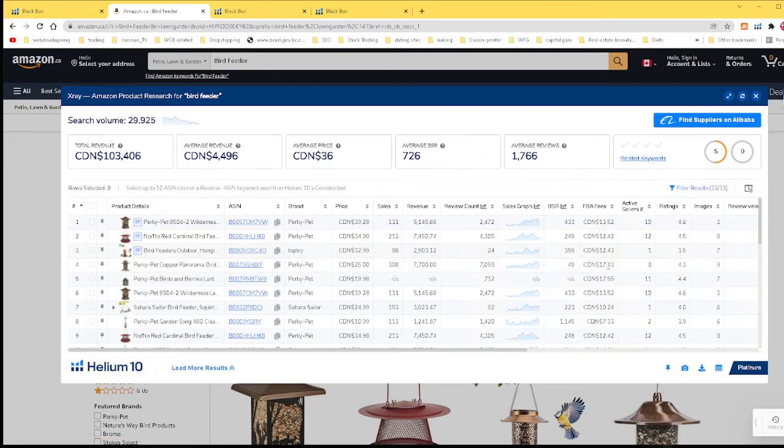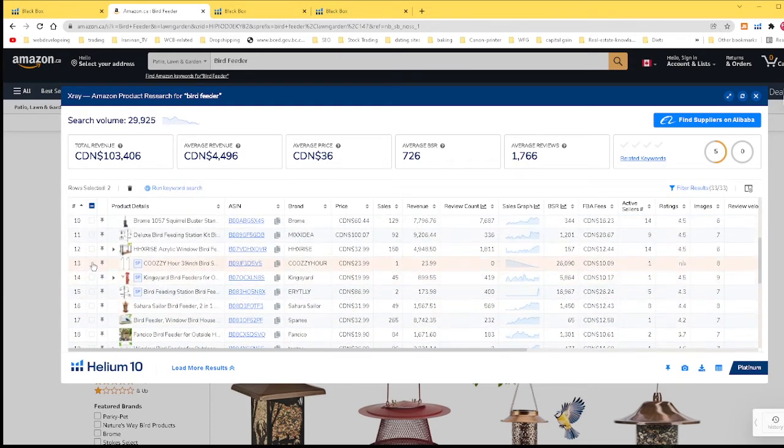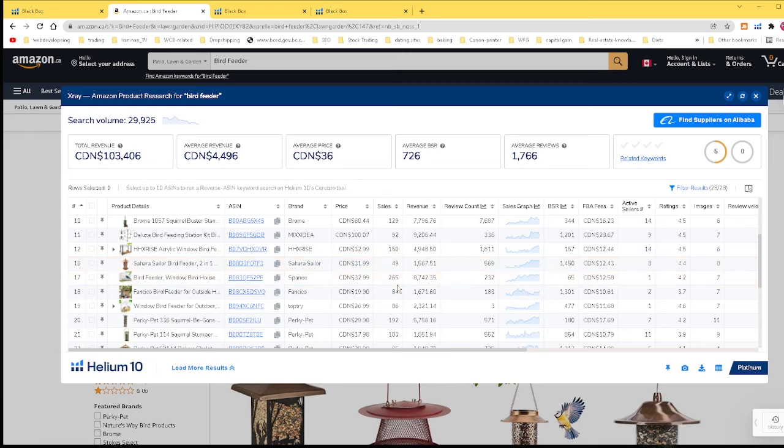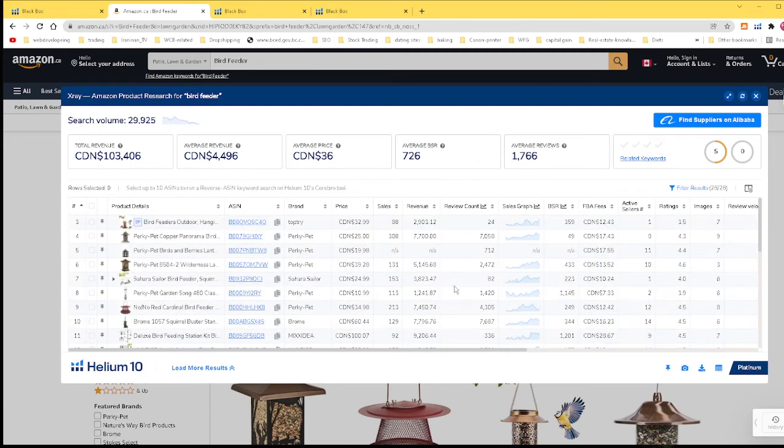So these are the ones, but let's look at the reviews, and see how many reviews this seller has. The top two, which are selling the most, 5,000 and 7,000, are the sponsored ads, which we want to remove to get rid of the average number so we get better data without looking at those sponsored ads.